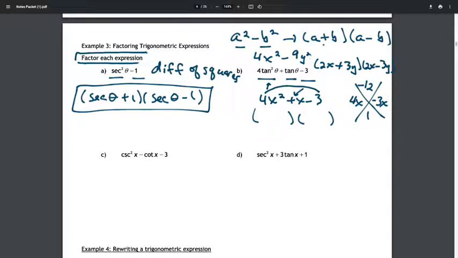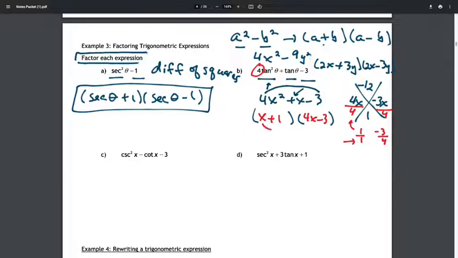Some people, if you've got a coefficient other than 1 on that leading term, could divide each of these by that coefficient and simplify. So this one simplifies to be 1 over 1. This one stays negative 3 over 4. The bottom number goes with x, and the top number is what you add to it. So this will be x plus 1, and this will be 4x minus 3.